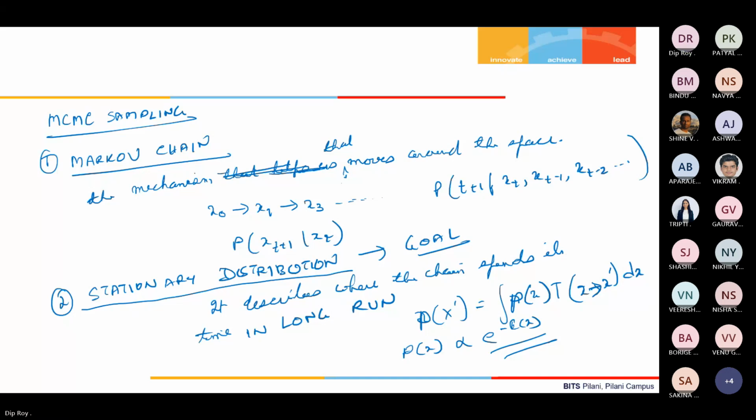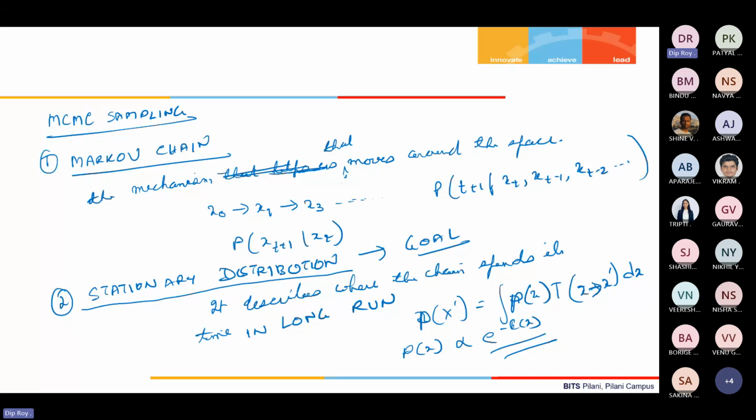However, if I don't know the functional form of the probability distribution, and I put a bound on it or something, and I try to do some sort of sampling, it is very difficult for me to do efficient sampling from there because many of the points will lie outside the distribution.